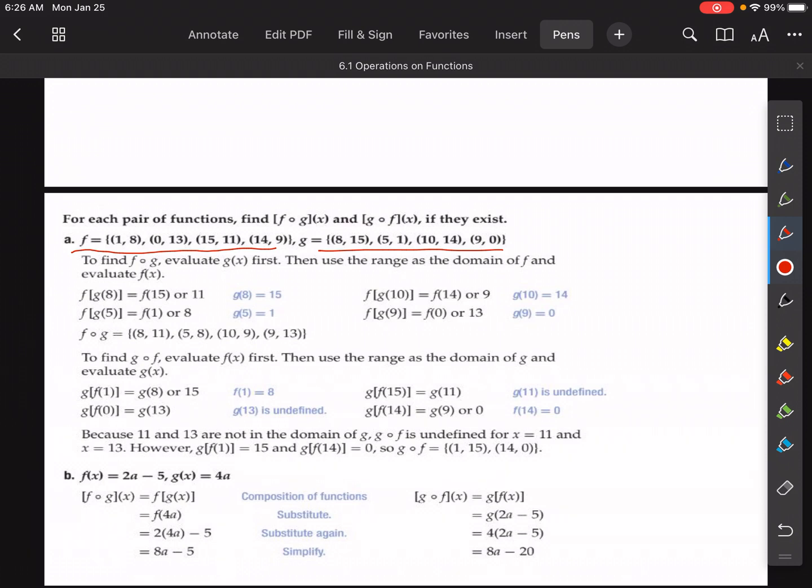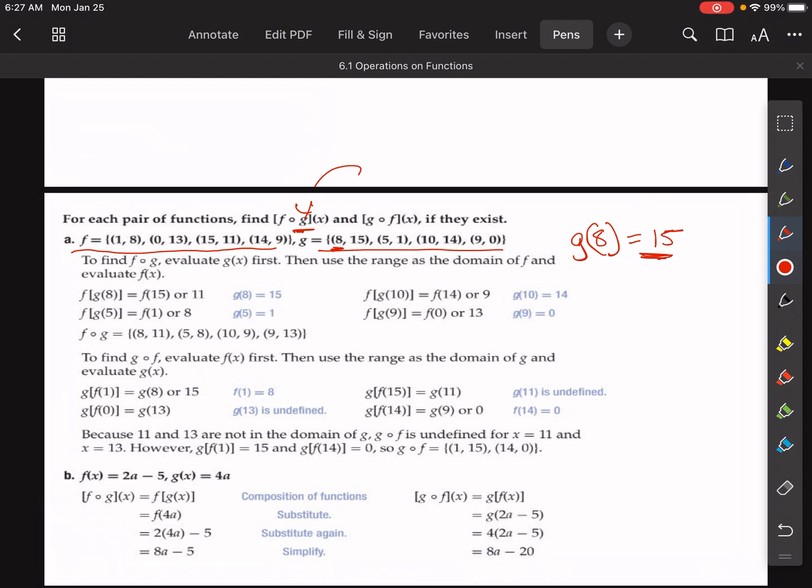What you have to think about is if you're finding f of g, we're going to take the g function and plug the x value in. Notice if we take the g function evaluated at 8, we get a 15 out. Then we take that answer and plug it into the f function.